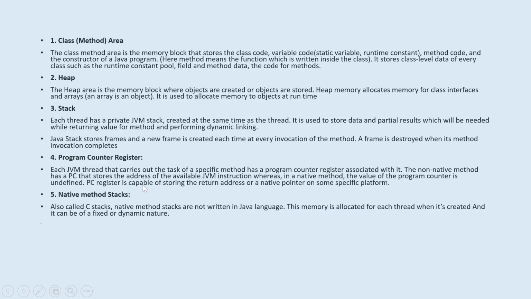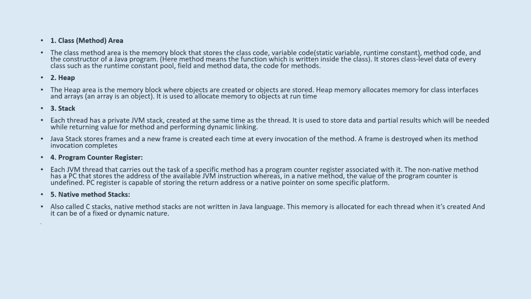So PC register is capable of storing the return address of the native pointer on some specific platform. Basically, suppose we are executing a Java code and at a certain point we are calling some method definition. We have to keep track of the point from which the method has been called.